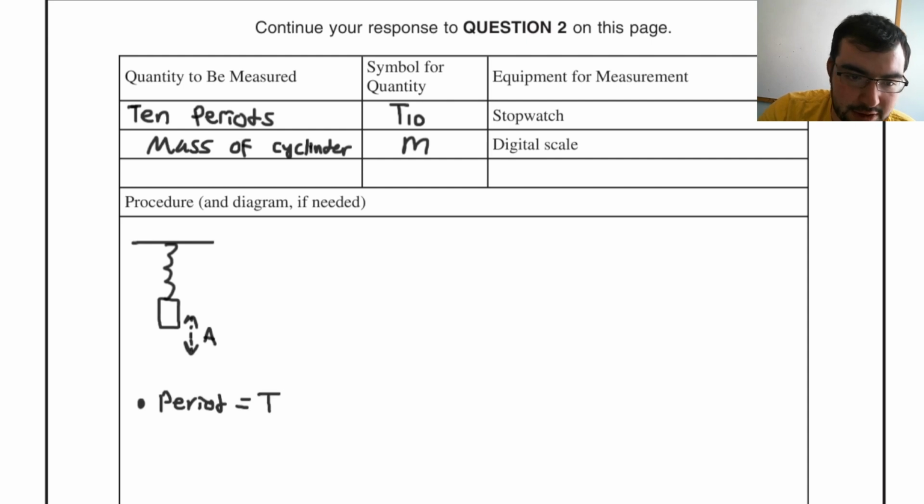So period is going to be equal to T. So time 10 oscillations, T10.